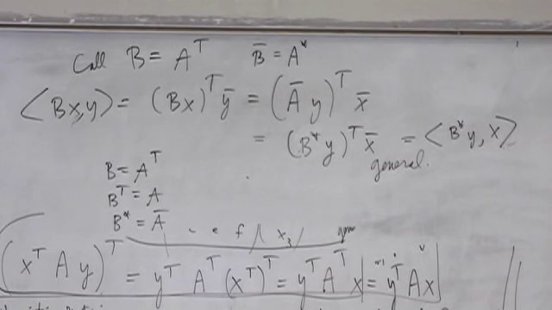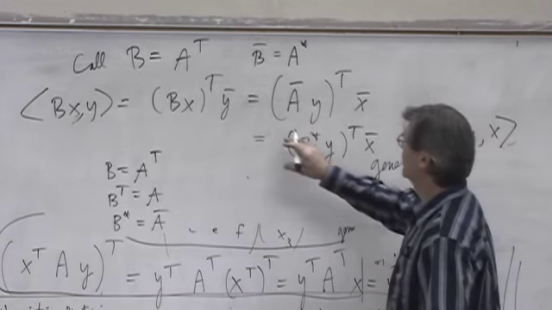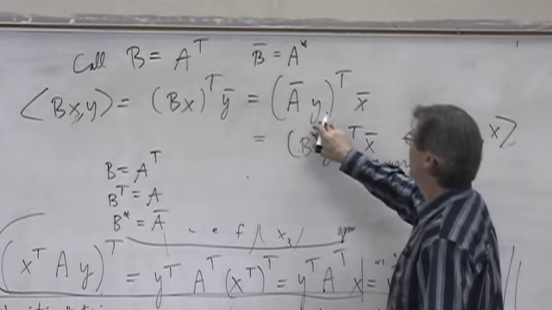I just want to switch them around. Did I make a mistake? When I did this, I went BXY. I was supposed to get BX transpose Y equals A bar Y.